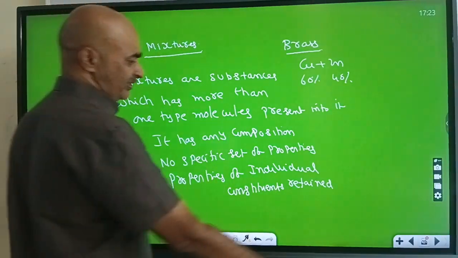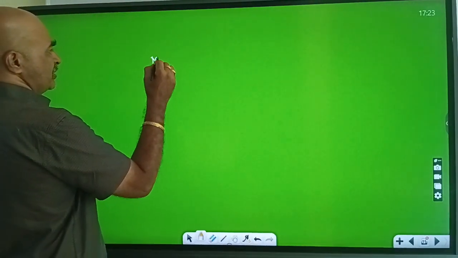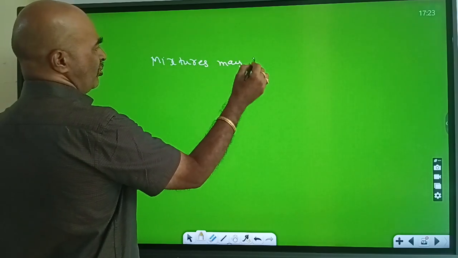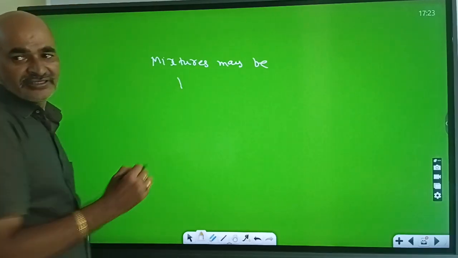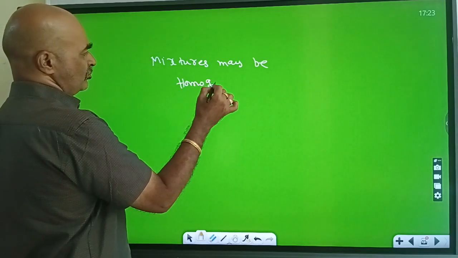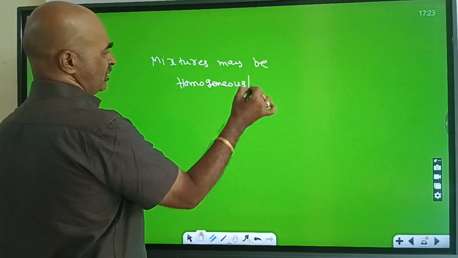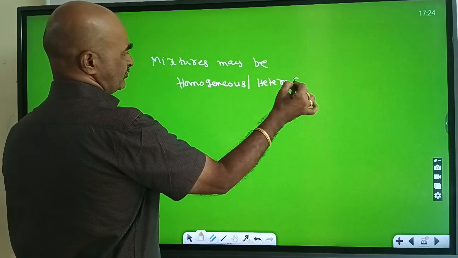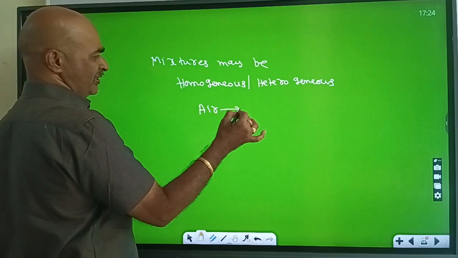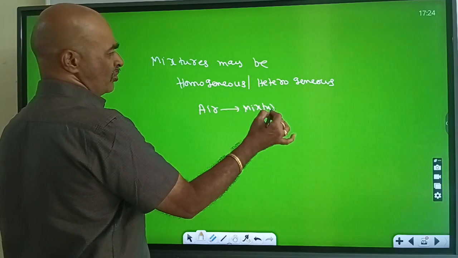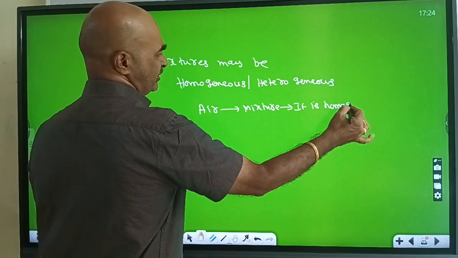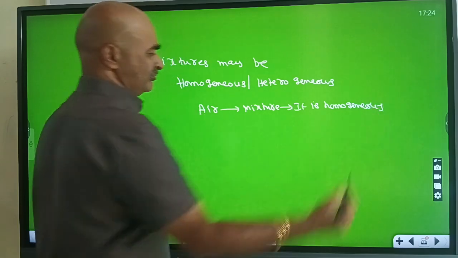Next, mixtures may be homogeneous or heterogeneous. Air is a mixture.